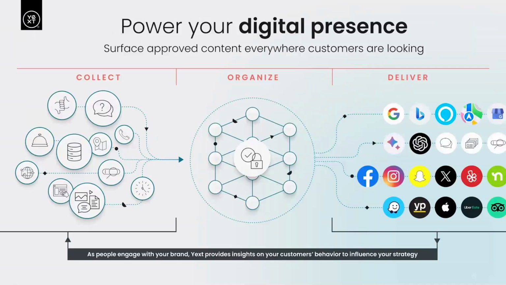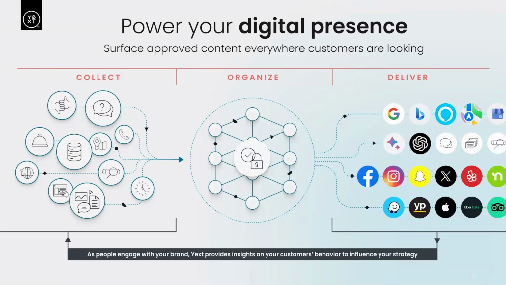So as a refresher, the goal of the Yext platform as a whole is to firstly collect your data. It's going to collect all of that information. This is when you identify the information that potential customers and consumers need to know about your specific brand, from your locations to their hours, potentially, if you're a restaurant, ordering options, delivery options, frequently asked questions, or retail, what's the refund policy, what products do you sell in your specific store.